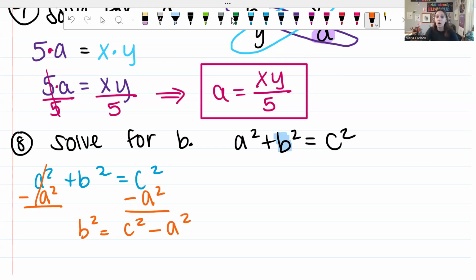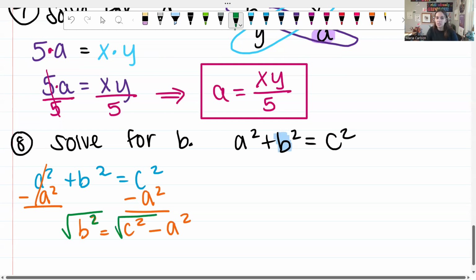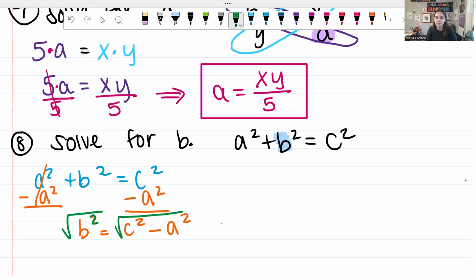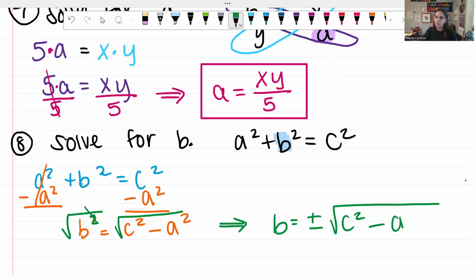And now I almost have b all by itself. I just have to get rid of the square. So in order to do that, I will have to take the square root of both the left and the right-hand side, which tells me then that b, because the square and square root will cancel, is equal to plus or minus the square root of c squared minus a squared.